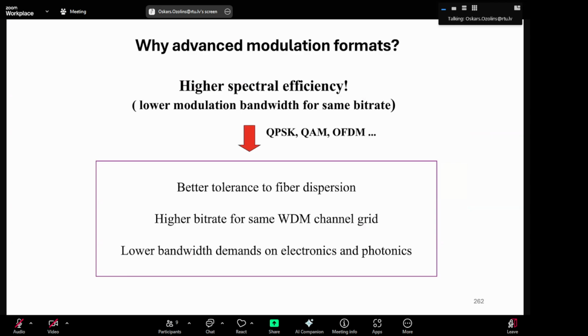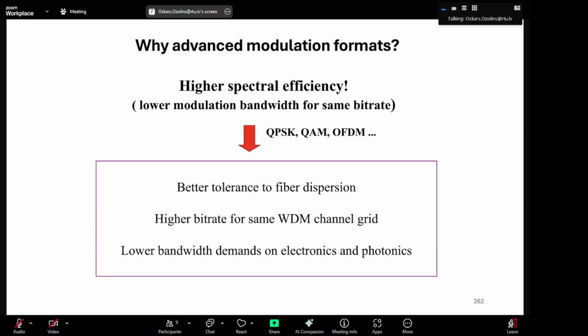Right. So this higher spectral efficiency. We looked at how you can get better tolerance to fiber dispersion. This is because you can make the spectrum narrower. Then you can use a higher bit rate for the same wavelength channel grid, because you use a higher order modulation format.